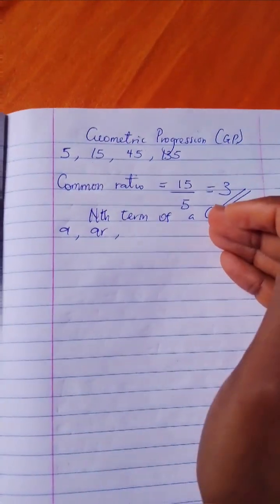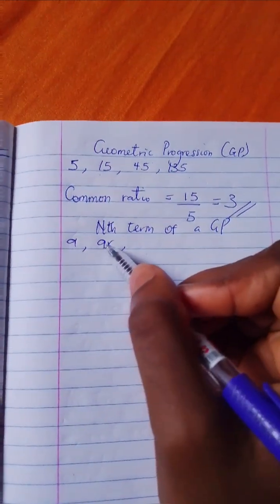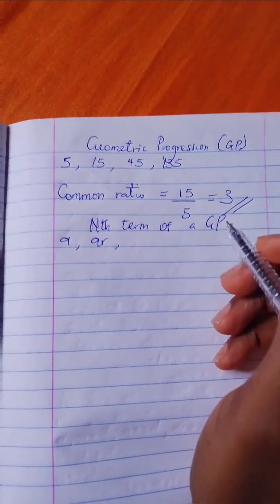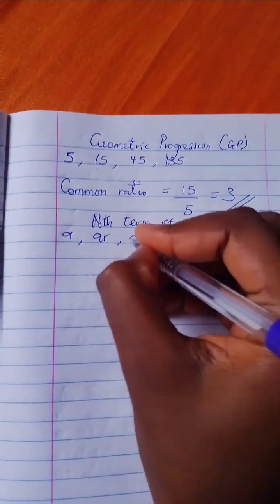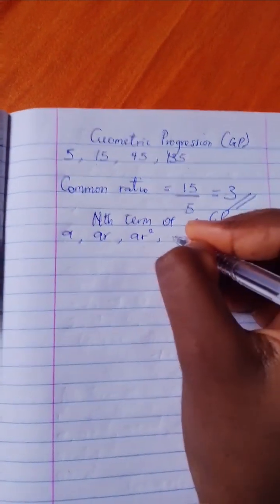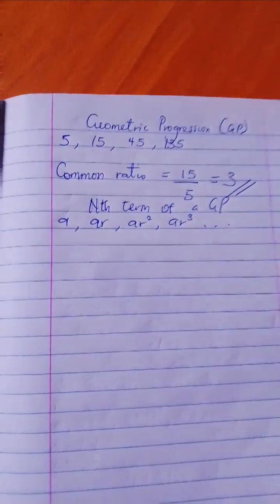To get the third term, I multiply the second term by the common ratio, so AR multiplied by R gives AR squared. Then my fourth term is AR cubed, and so on and so forth.